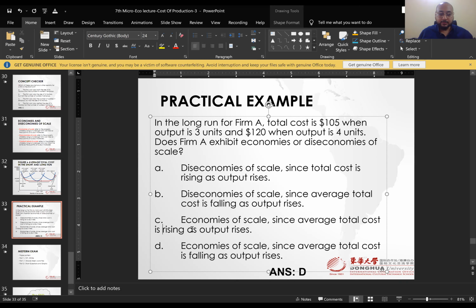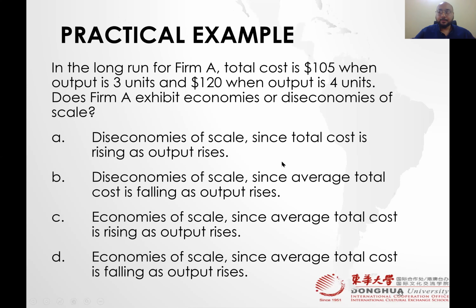Now it makes sense. See? Economies of scale, since average total cost is rising, this is fundamentally wrong. Why? Because economies of scale is that concept in which average total cost decreases when output rises. D is the answer.